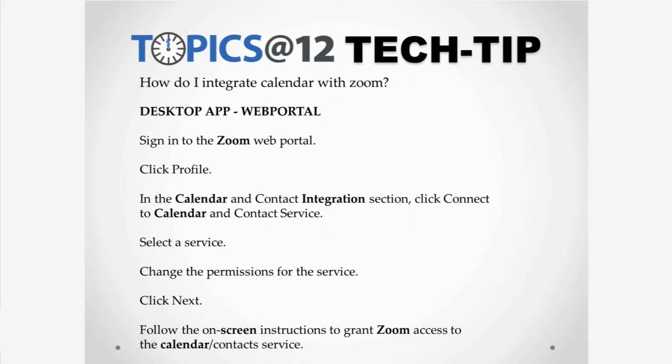In the Calendar and Contact Integration section, you're going to click Connect to Calendar and Contact Services. Select your service. You'll change permissions on the next step, and then you'll follow any other on-screen instructions to grant Zoom access to your calendar and contact services.